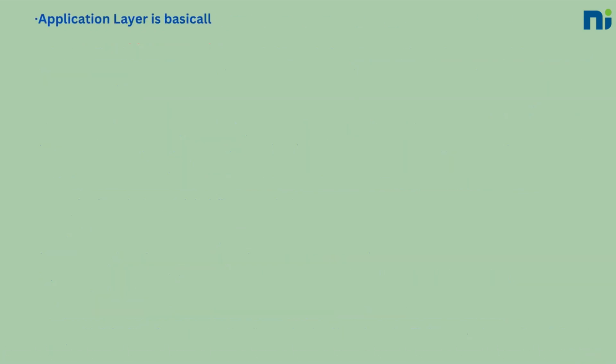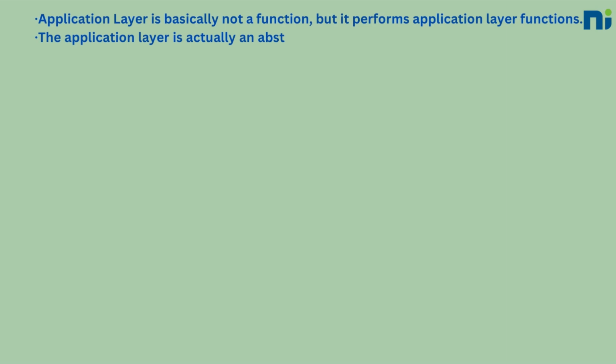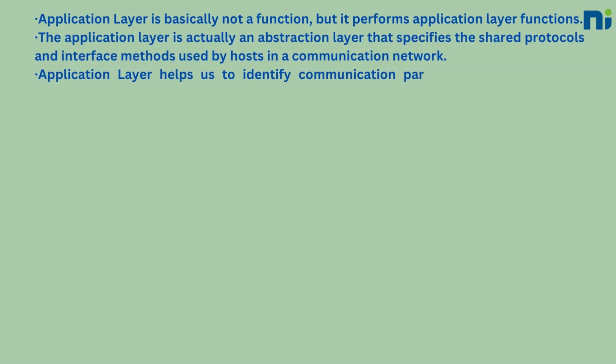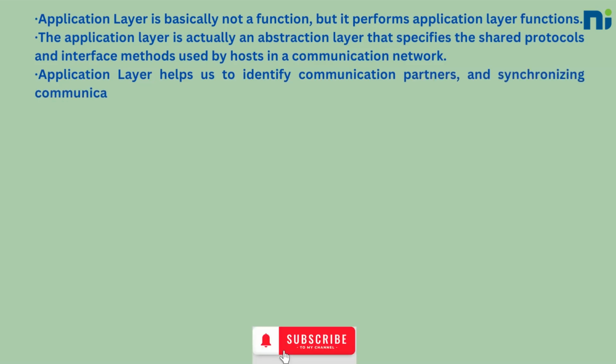The application layer is basically not a function, but it performs application layer functions. The application layer is actually an abstraction layer that specifies the shared protocols and interface methods used by hosts in a communication network. The application layer helps us to identify communication partners and synchronize communication.